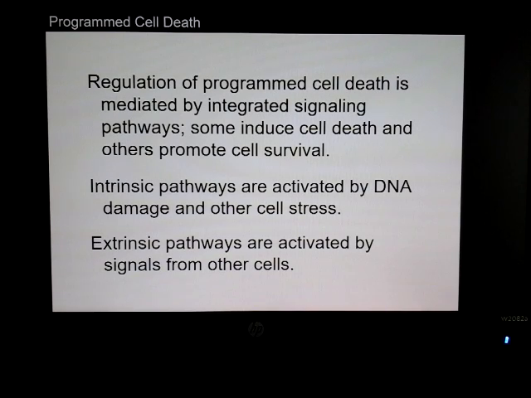Okay, so there's a lot of different types of programmed cell death, and it's mediated by different signaling pathways, and we've talked about signaling pathways in the last couple of chapters. Intrinsic pathways are activated by DNA damage. Extrinsic are activated by signals from other cells.